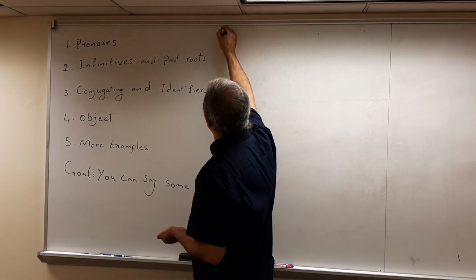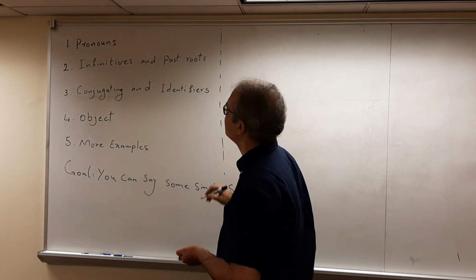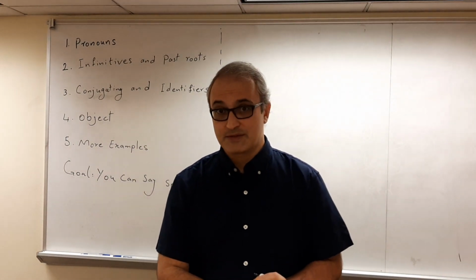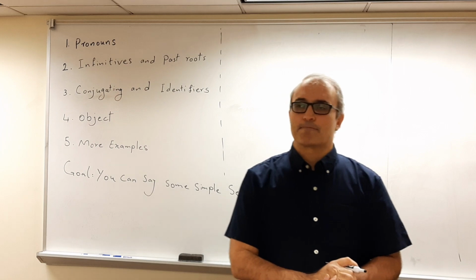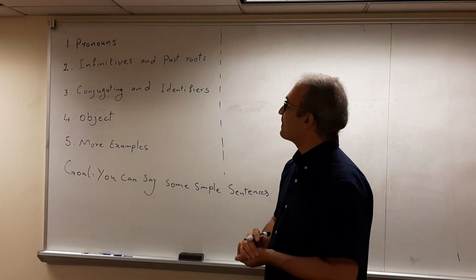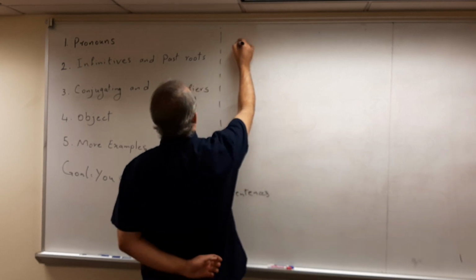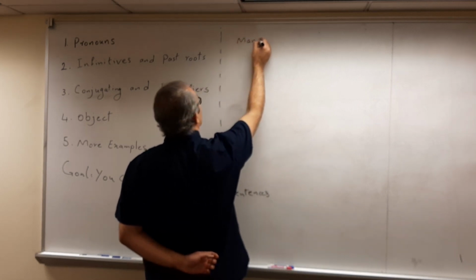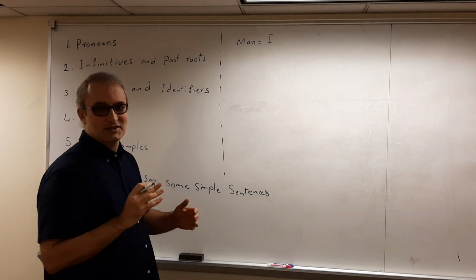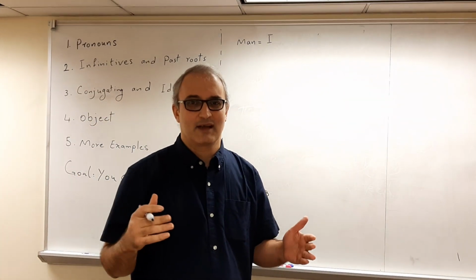So, let's go. The first thing that you have to know is pronouns. Pronouns in Farsi are 6. Man. It means I. Man is not an English word here as a human being.